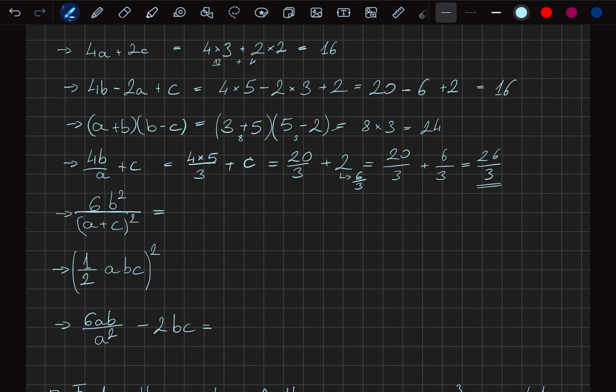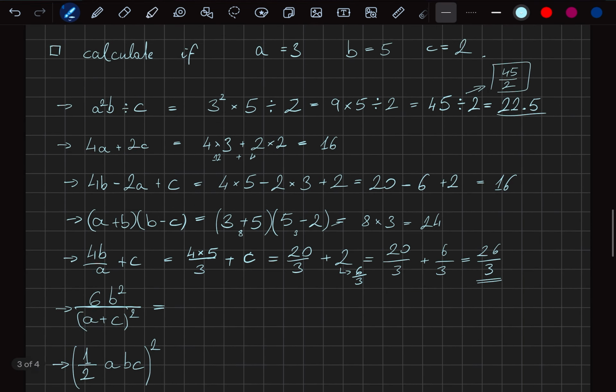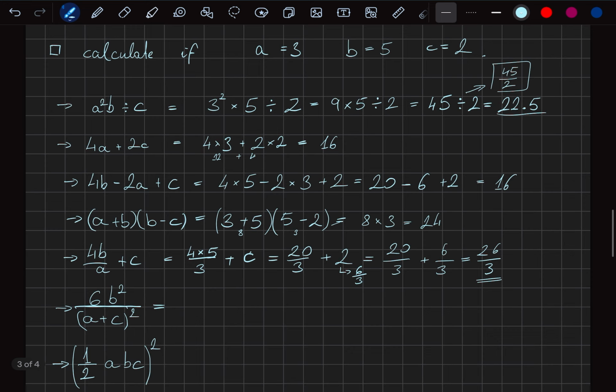6 times b squared divided by a plus c on the second power. So I will just substitute: 6 times b squared, it's 5 squared, divided by a plus c, it's 3 plus 2 on the second power.